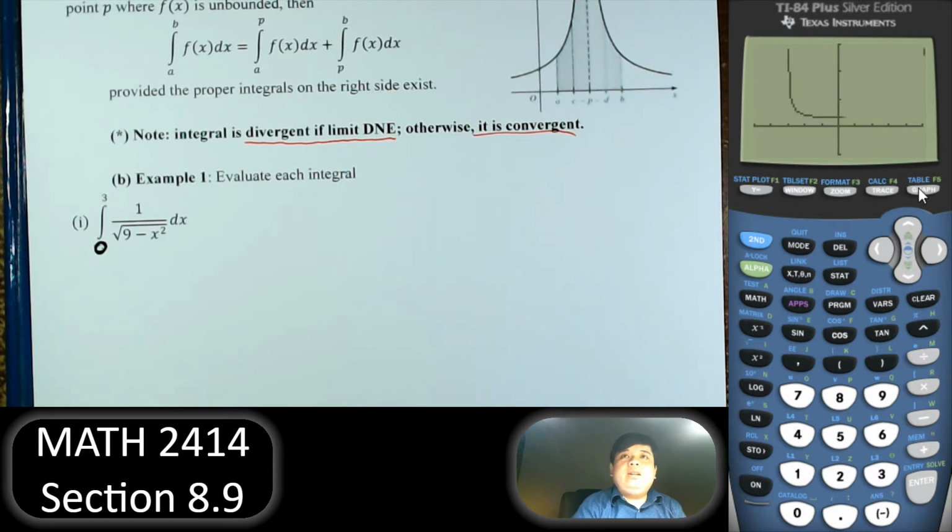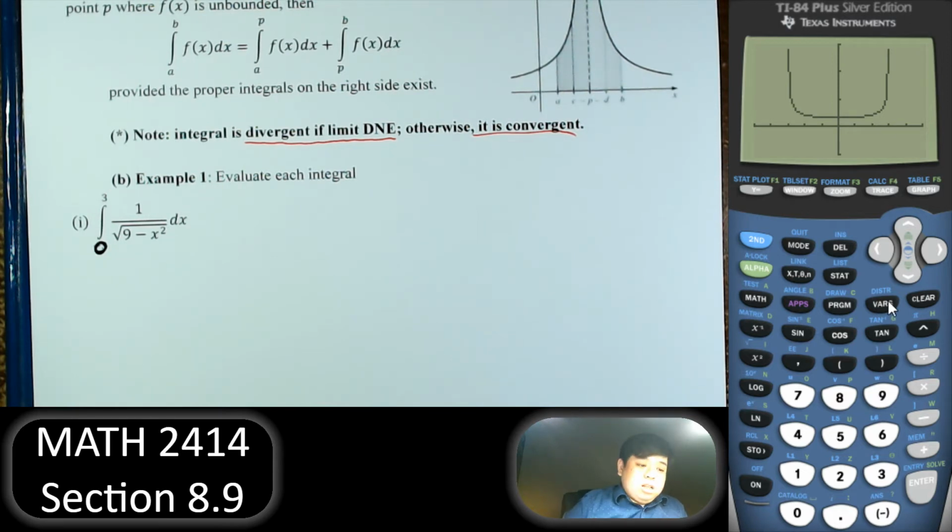Graph. What's wrong with that? Notice we go from 0 to 3, right? So when x equals 3, there is a vertical asymptote at 3. So that's why it's wrong.